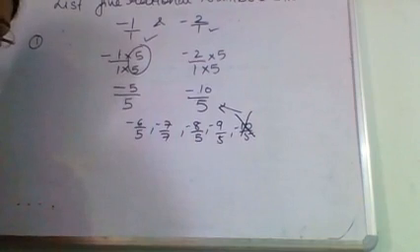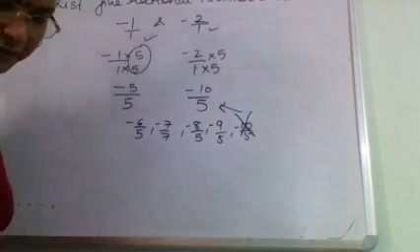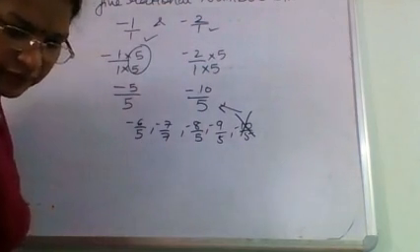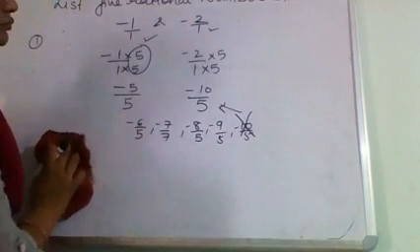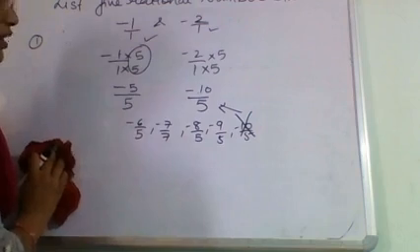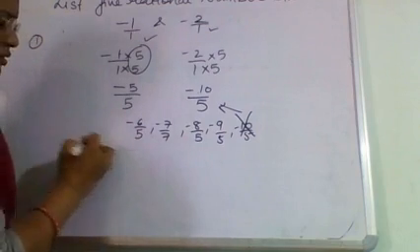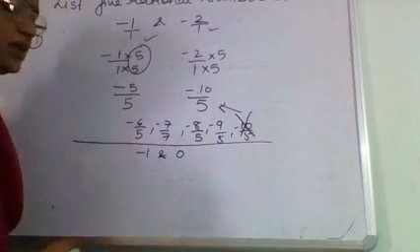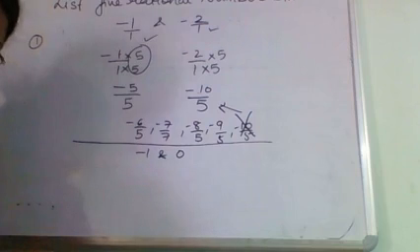I will take another example and then explain it. So what about -1 and 0? Another question, -1 and 0. And say I have to find 12 numbers.